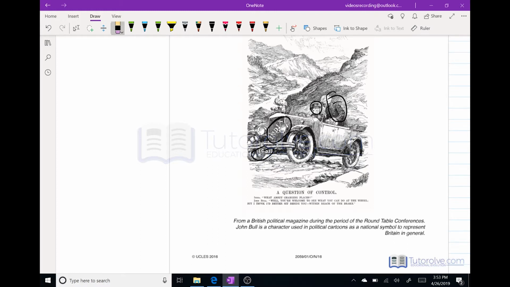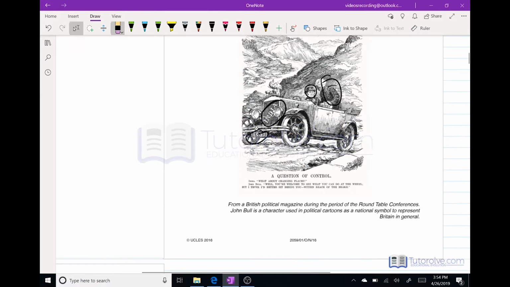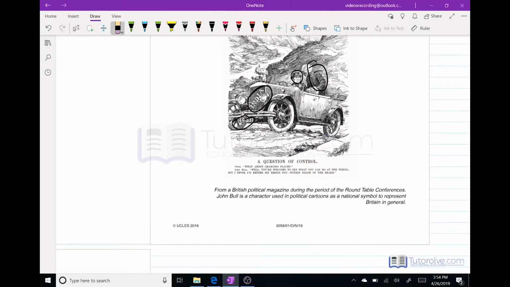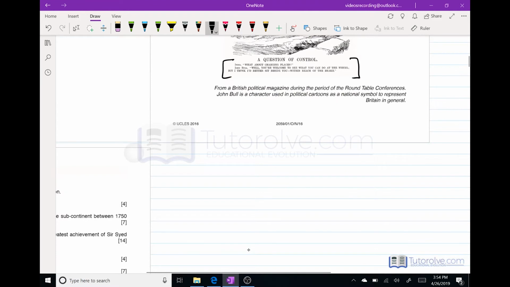Now John Bull, who was one of the leaders at that time, says, well, you're welcome to see what you can do at the wheel, but I think I'd better sit beside you within reach of the brake. Now, it's a very telling dialogue as to the kind of mindset the British of that time had towards the idea of Indian self-control.